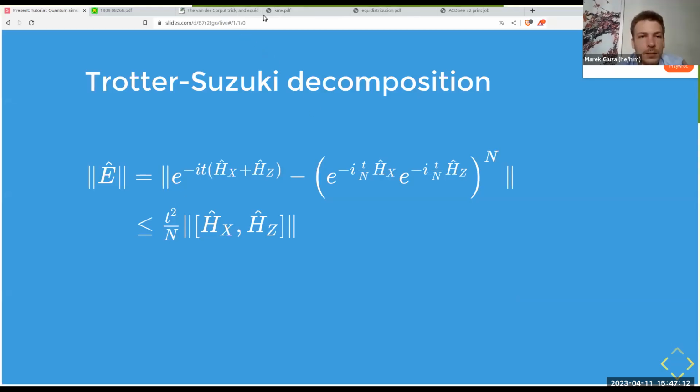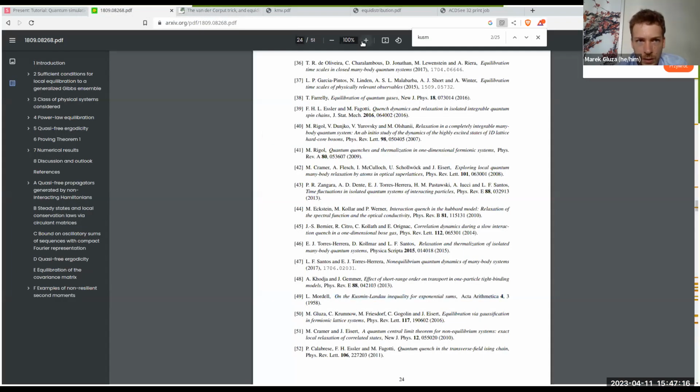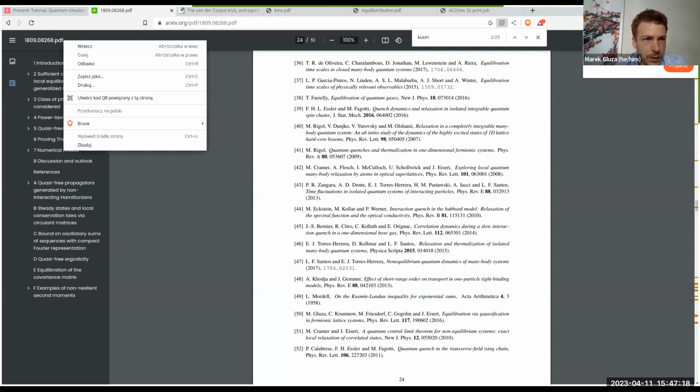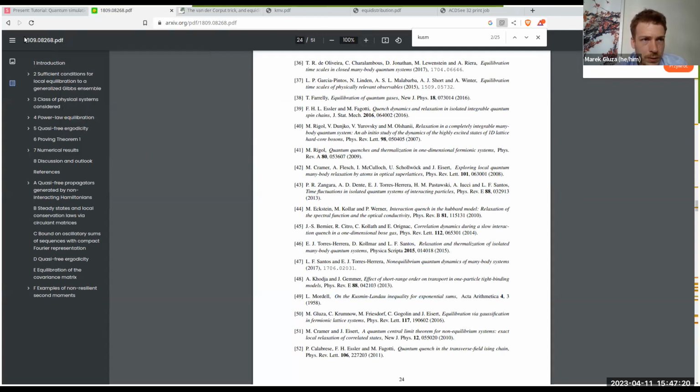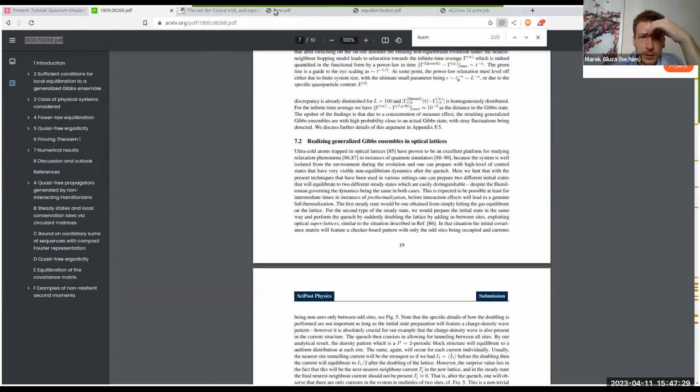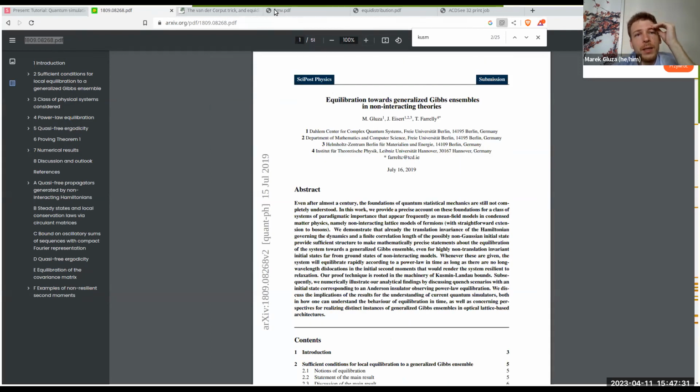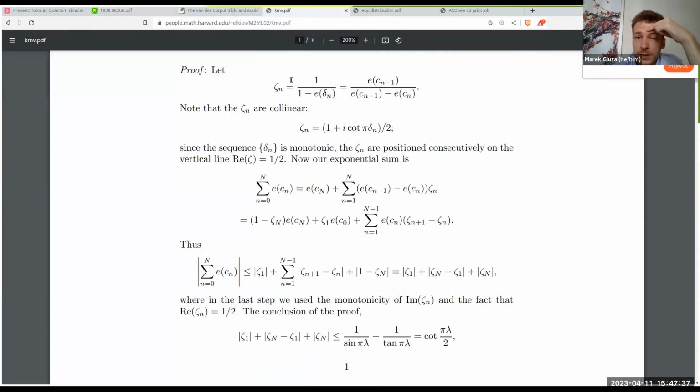So we will get to the Trotter-Suzuki decomposition today, but I just wanted to mention one thing. So here's the arXiv number of the paper. And basically in this paper, I was using this for showing dephasing. And actually there is a possibility of maybe deriving stronger bounds in the non-commutative case.